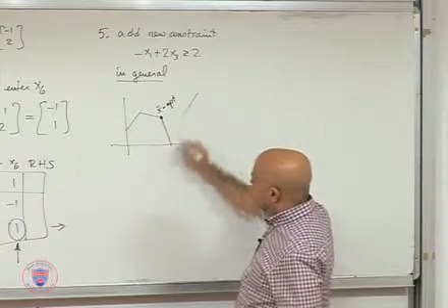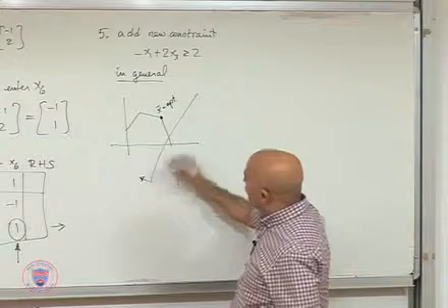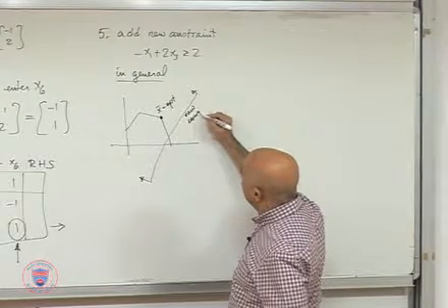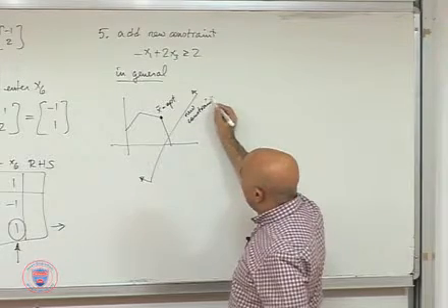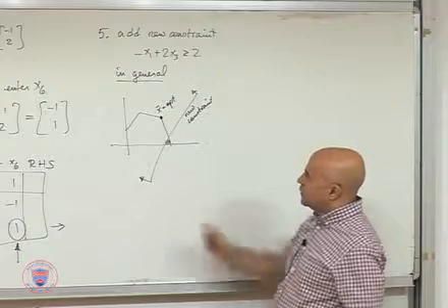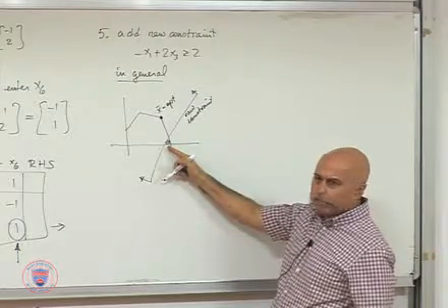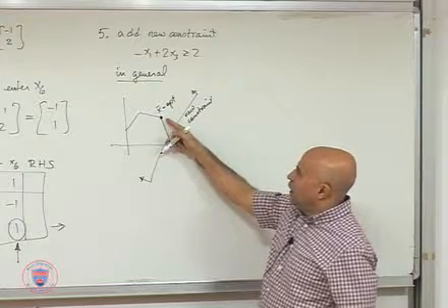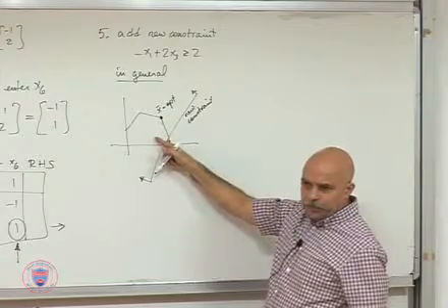One thing that can happen is this is the new constraint, and it chops off a portion of the old feasible set. This part is chopped off now. But the optimum point is not chopped off.